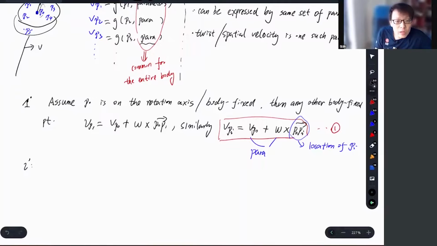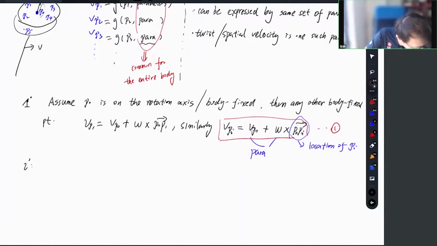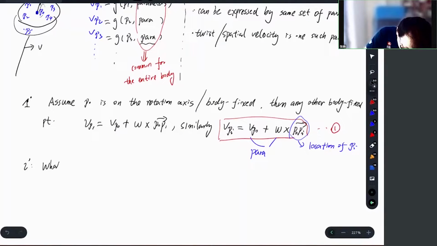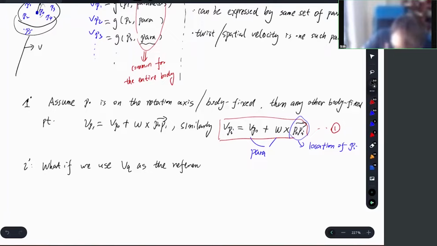Okay, now the question becomes, we need a little bit more generalization. What if we use VQ as the reference velocity for an arbitrary Q on the body, or body fixed point, for arbitrary body fixed point Q?